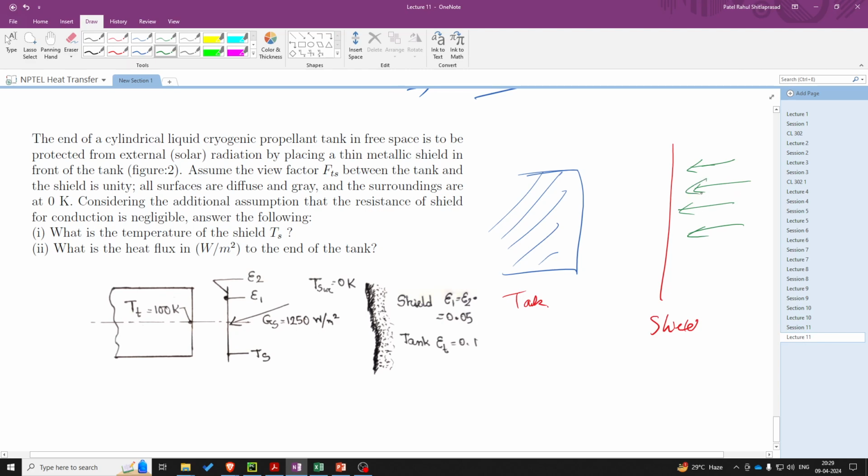The amount of solar radiation absorbed by this surface, since we have been given a diffuse gray surface, if the absorptivity is alpha, will be equal to alpha times Gs. The temperature of this due to that will become Ts, and ultimately due to this radiation there will be an overall heat exchange between the tank and shield, which we can write as QST.